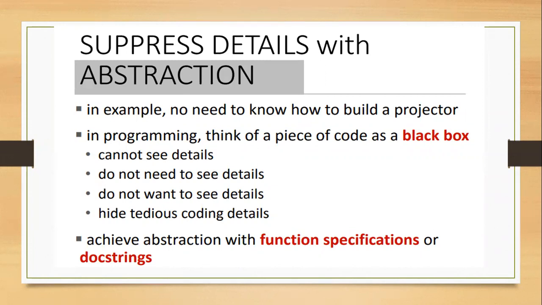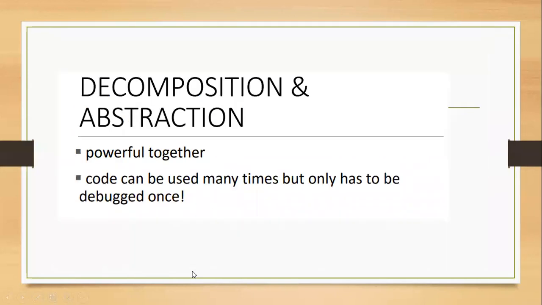So that's how abstraction helps us, so that we don't care about the details, we don't want to know, we just want to use it. Achieve abstraction with function specifications or docstrings, and I will explain what a docstring means in a few minutes.